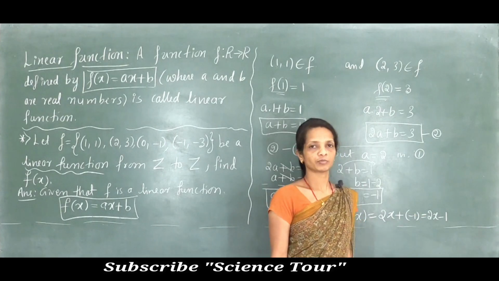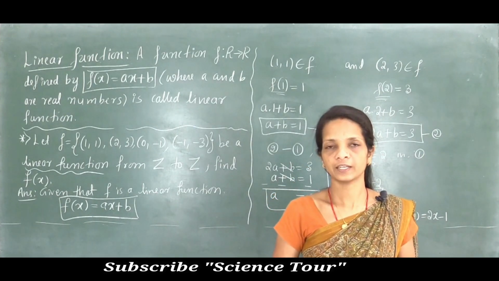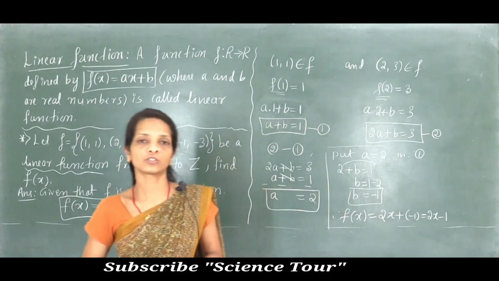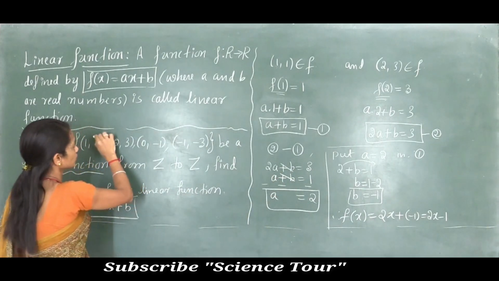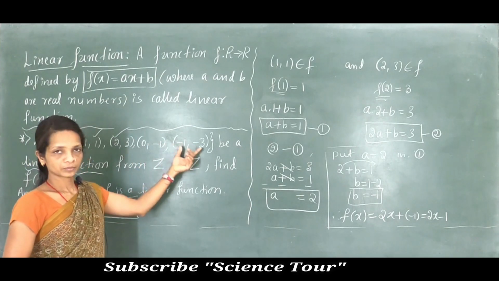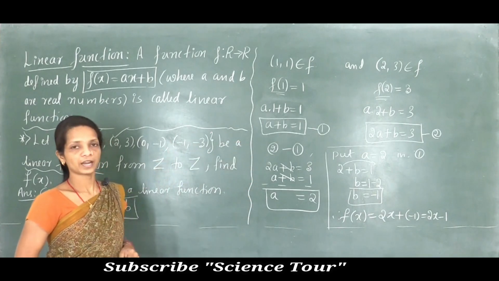How to check whether the obtained function is correct or not? You can check that by taking any one ordered pair which is not used while finding a and b. We used these two ordered pairs. So you take any one ordered pair among these which is not used while solving a and b.